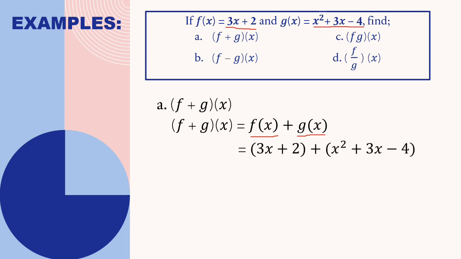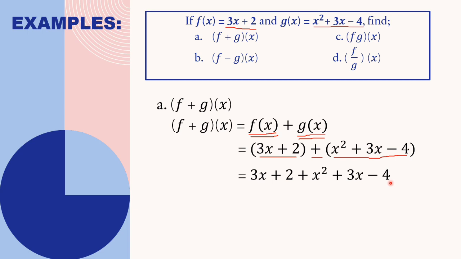Therefore, f of x is 3x plus 2 plus g of x, which is x squared plus 3x minus 4. This is addition, so no need to change the sign of this function. Therefore, we have 3x plus 2 plus x squared plus 3x minus 4.